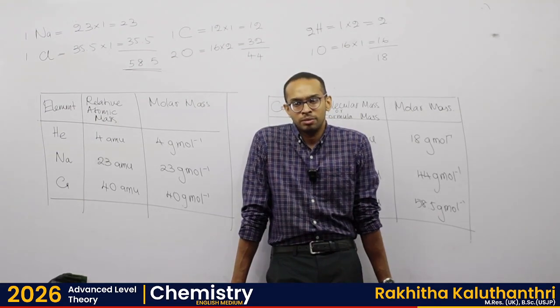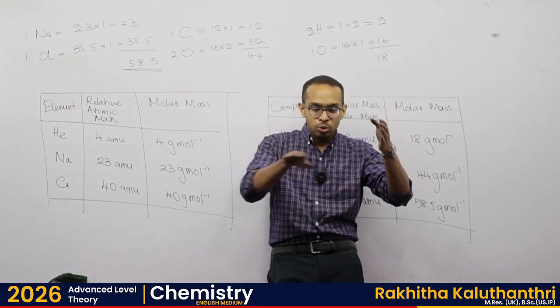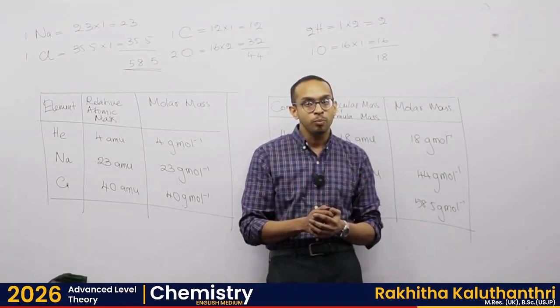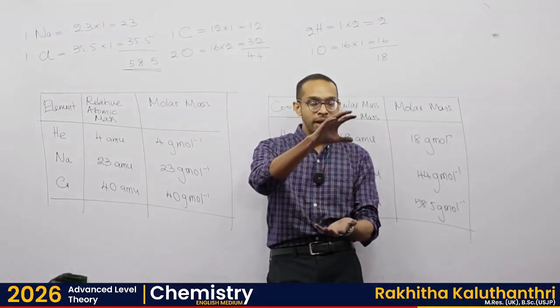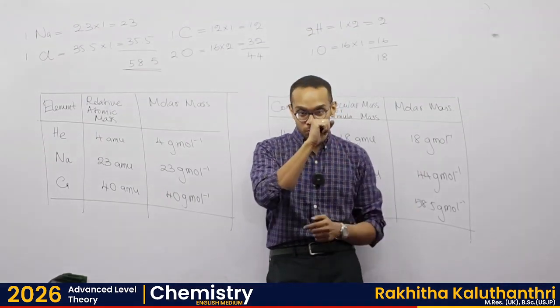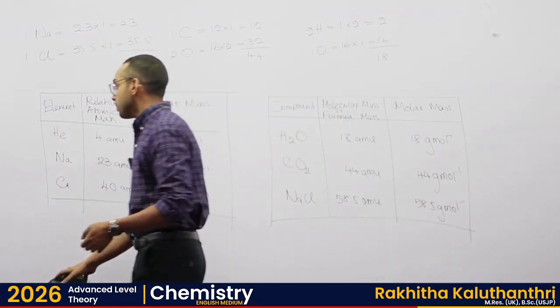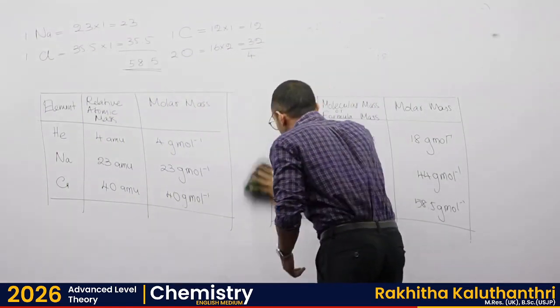What did you do there? I'm just asking what you did. You knew the total mass, you divided with the mass of a single mole of calcium. Is that clear? So then you got, okay, 80 divided by 40 is 2, right? So we have an equation for that. We have to learn about that equation before we leave today.